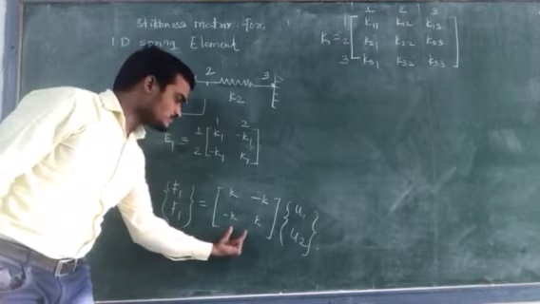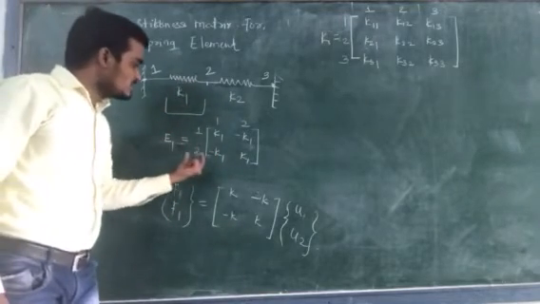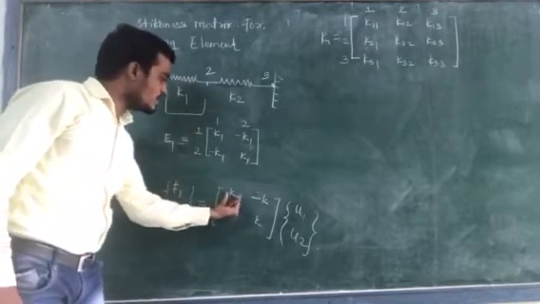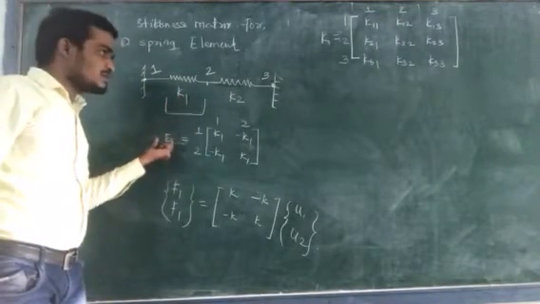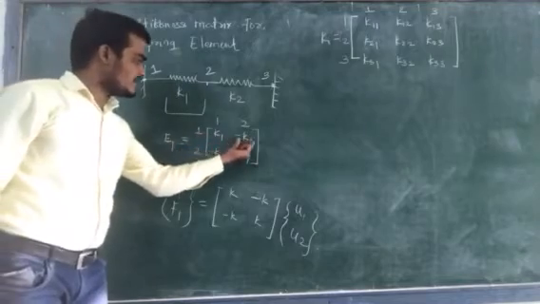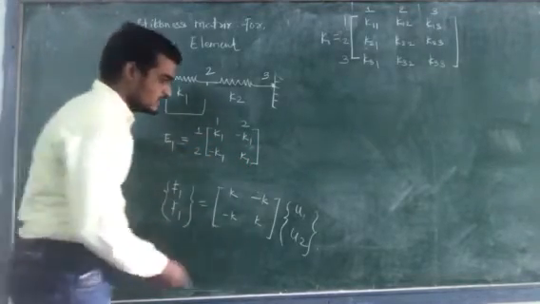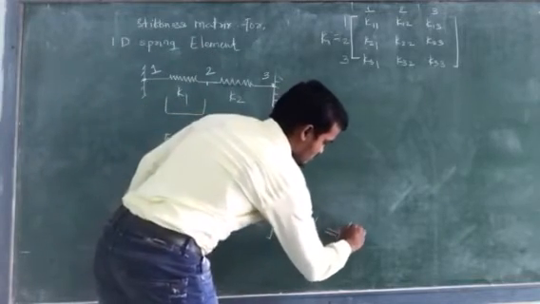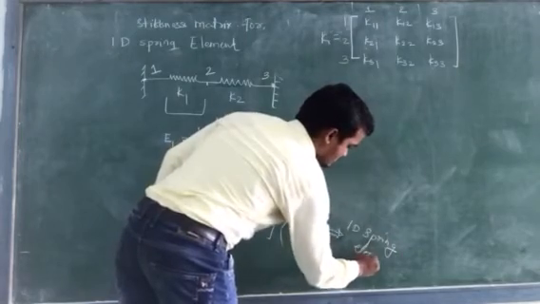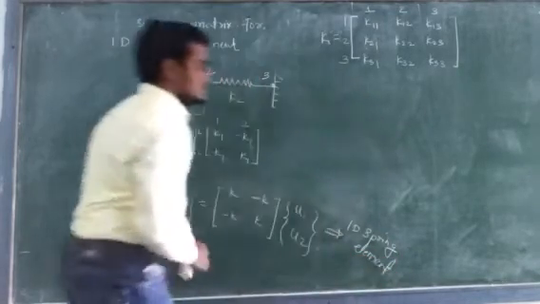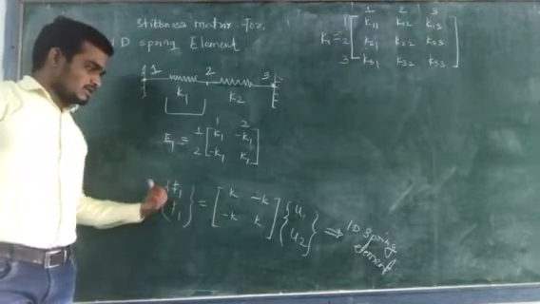Similarly, by using this equation we can write our first elemental stiffness matrix. Because instead of K here the spring constant is K1, for elemental stiffness matrix E1 it will become K1 minus K1, minus K1 K1. This is the generalized equation for the one dimensional spring element, which we have derived.